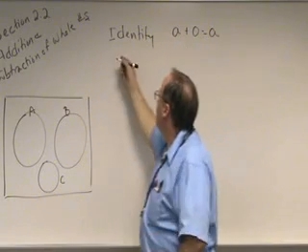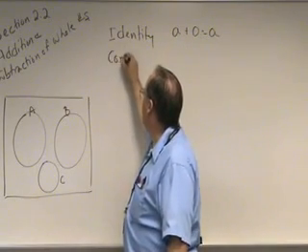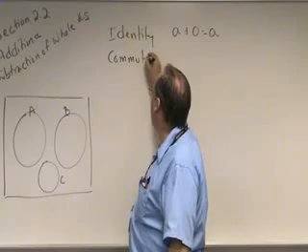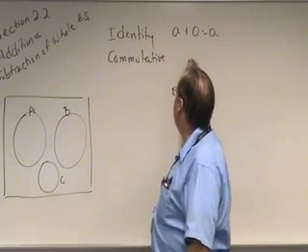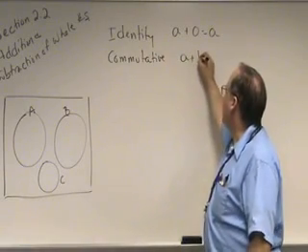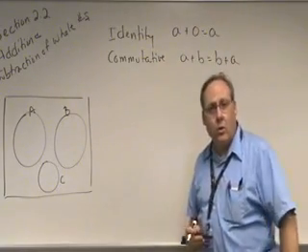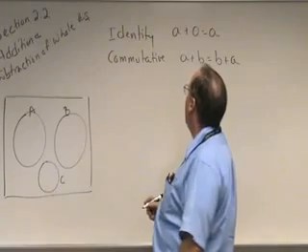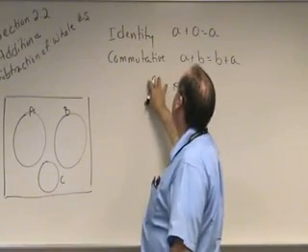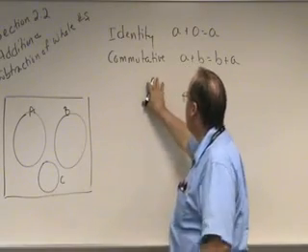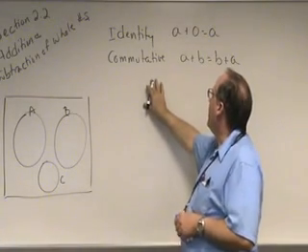All right. We talked about the commutative property. The commutative property said that it did not matter what order we added our whole numbers in.